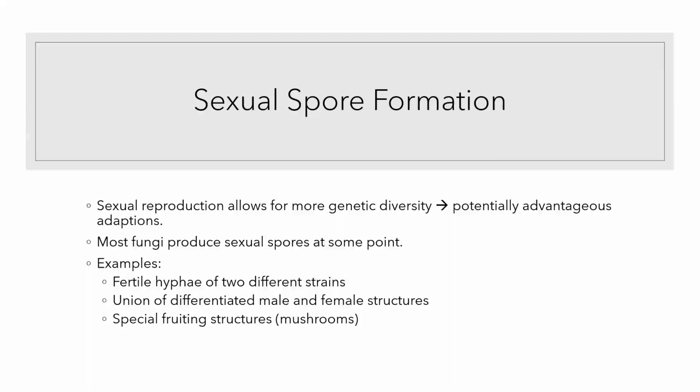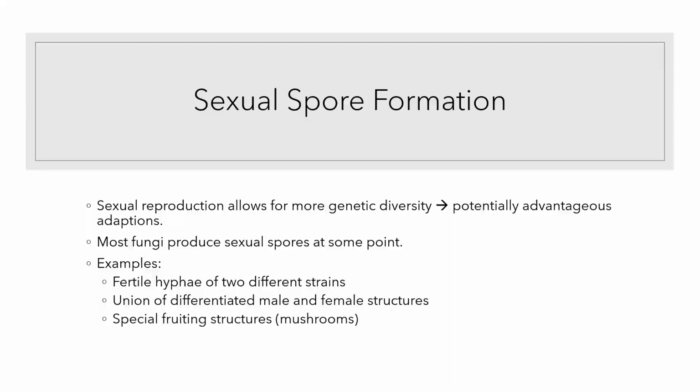Okay, so those were the asexual reproductive types of fungi. Now we're going to look at the sexual spore formation. Sexual reproduction allows for more genetic diversity. So if we're thinking, why would you want asexual versus sexual reproduction? Asexual reproduction is nice because it's quick. You just need yourself and you just make a copy, photocopy yourself and move on.